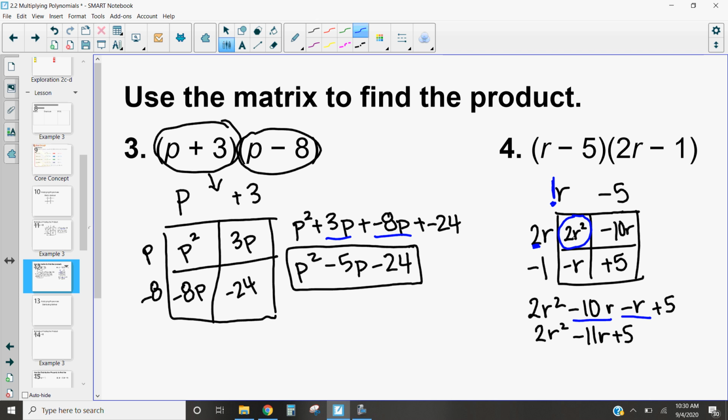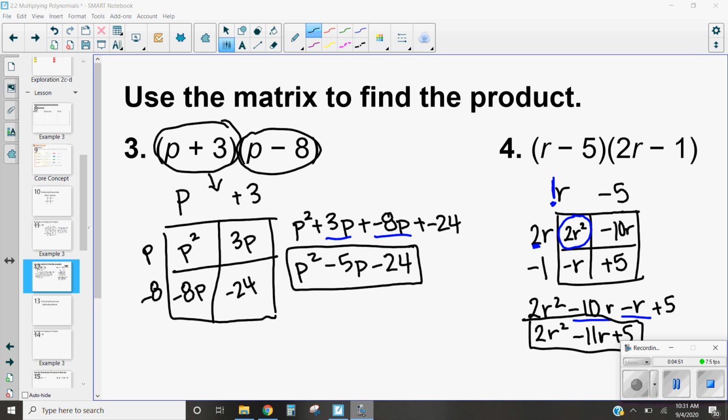R times r is r squared. So this right here is all a single term or monomial, but we have to multiply those multiple parts. So when we set up our matrix, we multiplied them, we got our 4 parts, we wrote them out all together, and that simplified down into 2r squared minus 11r plus 5.